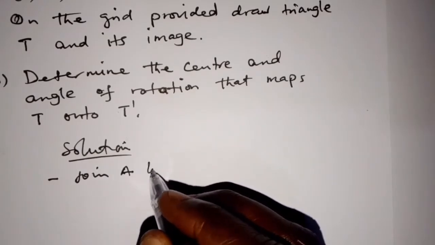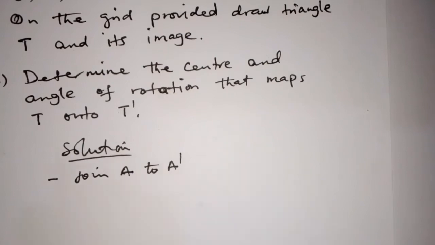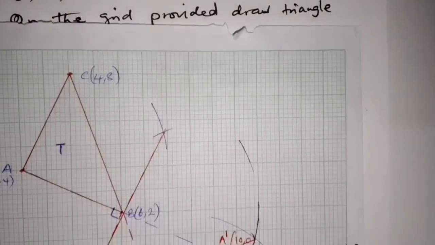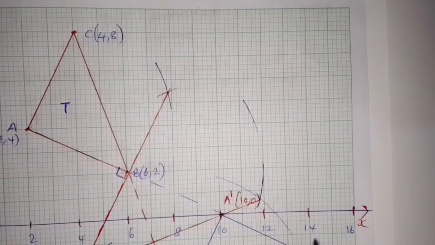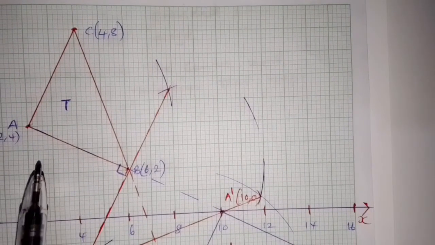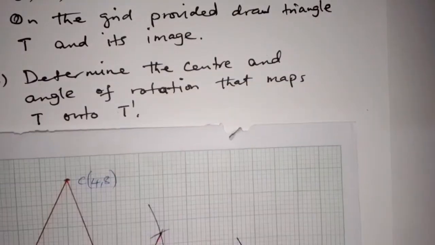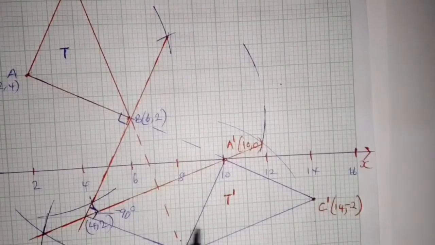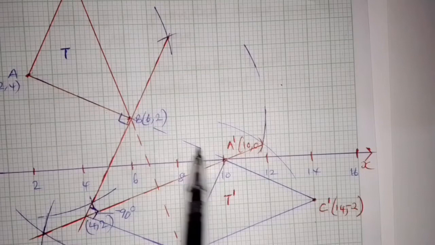This is our A here, and we join it to our A prime here with a ruler.